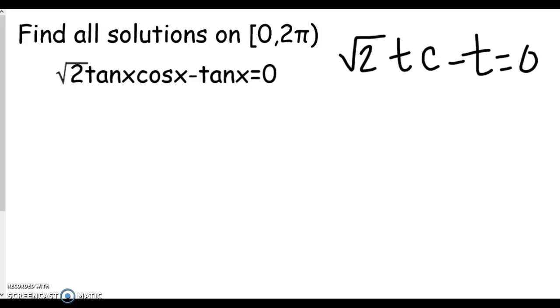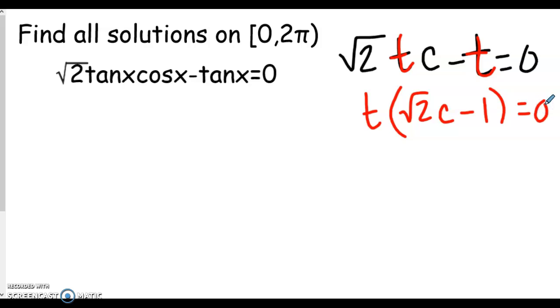Do you see these right here? You can factor out a t. And you're left with the square root of 2 cosine minus 1 equals 0.